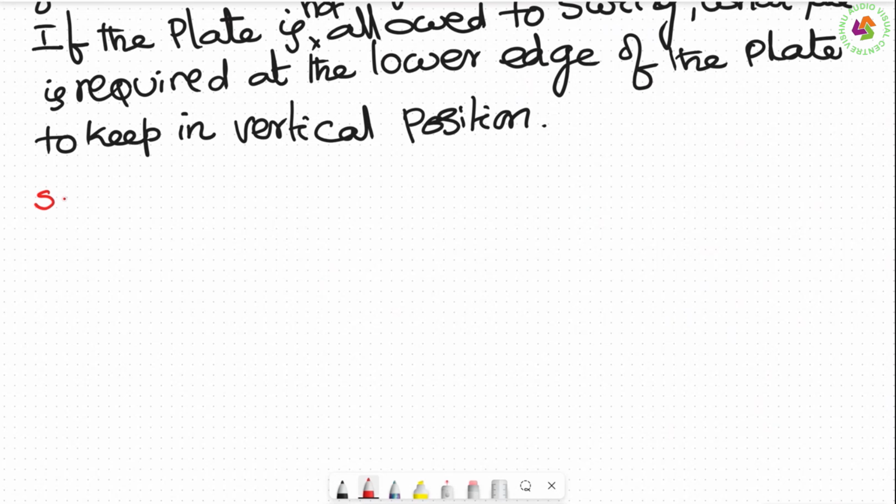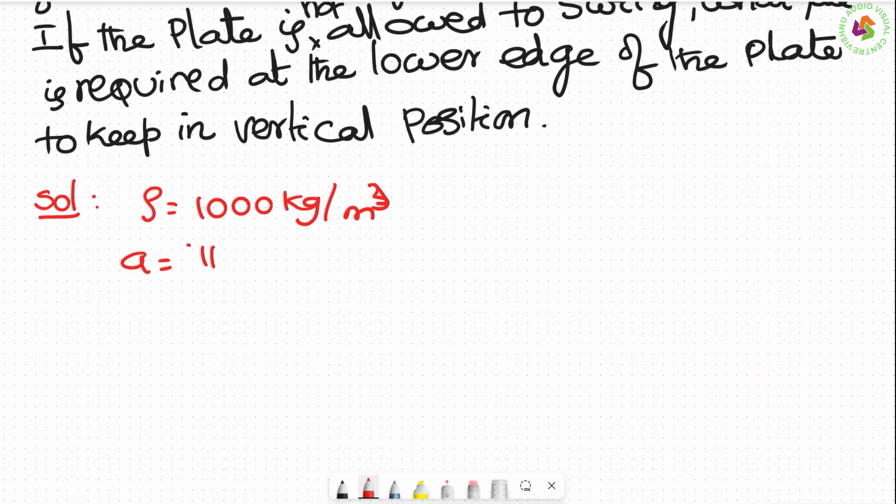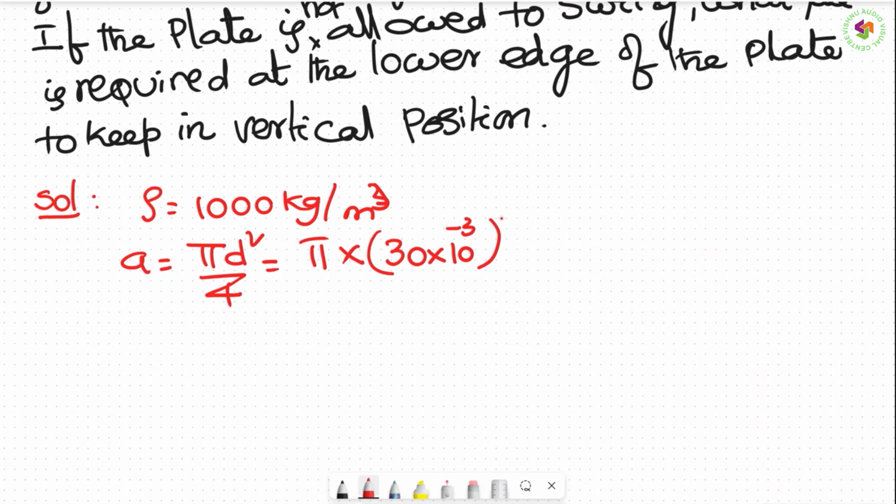Solution. We will take it one by one. Rho is equal to 1000 kg per meter cube for water. That is the first answer for us. Then A is equal to pi d square by 4. He has given d as 30 mm, so 30 into 10 to the power of minus 3, whole square, pi by 4.